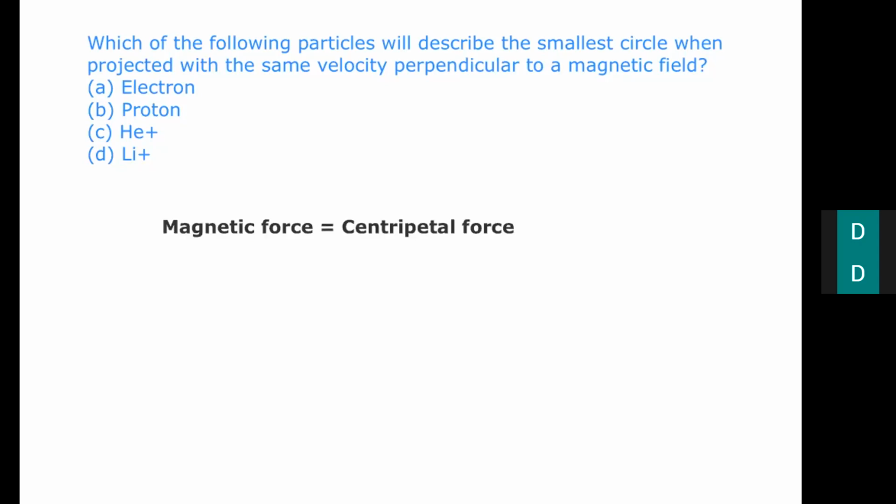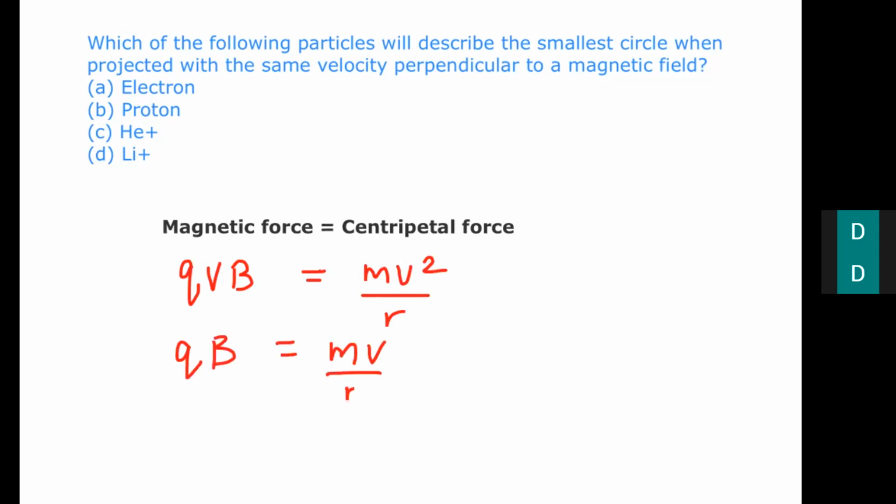So QVB is equal to mv square upon r, which is the expression for centripetal force. So it's going to be QB equals mv upon r. And here we are concerned with the radius. Smaller the radius, smaller the circle. So r is equal to mv upon qB.